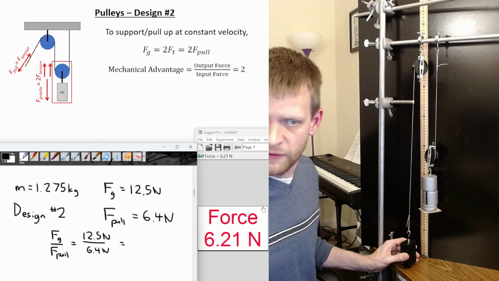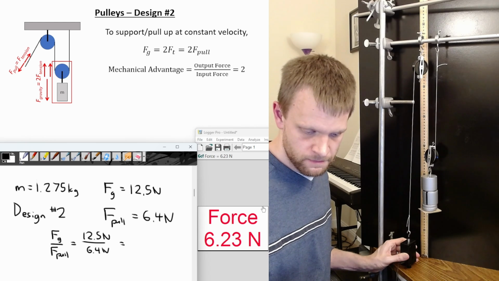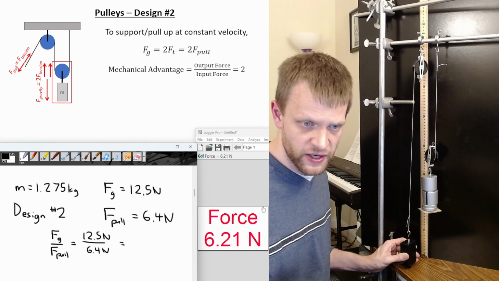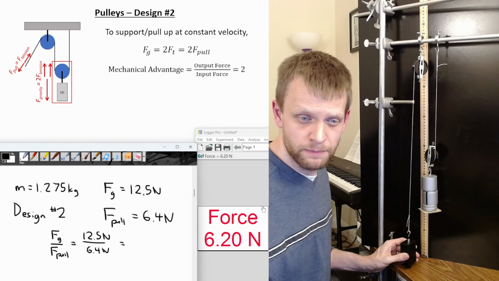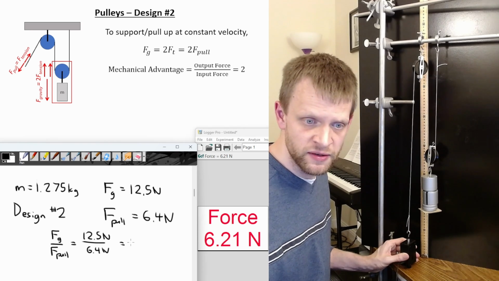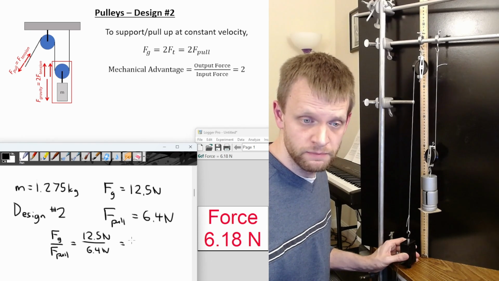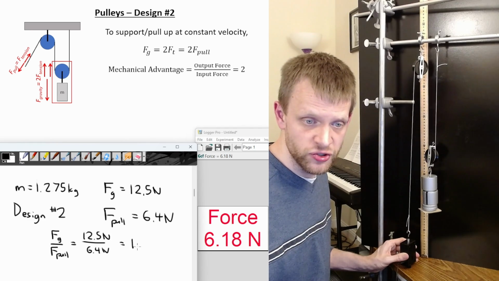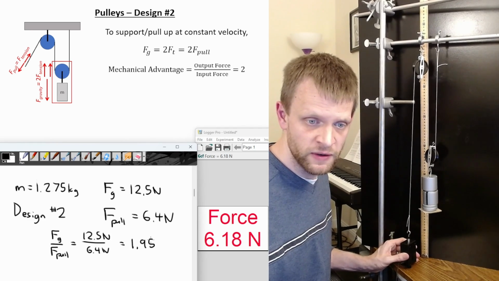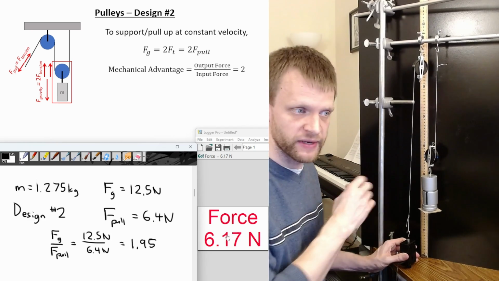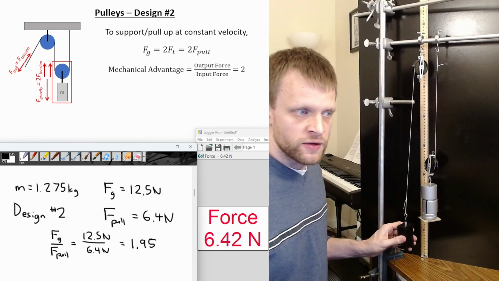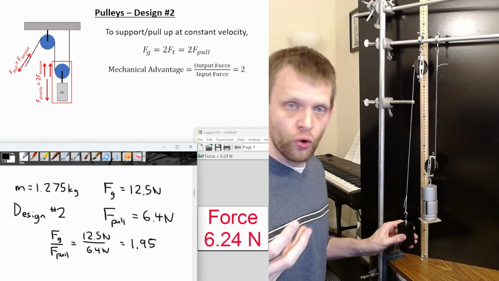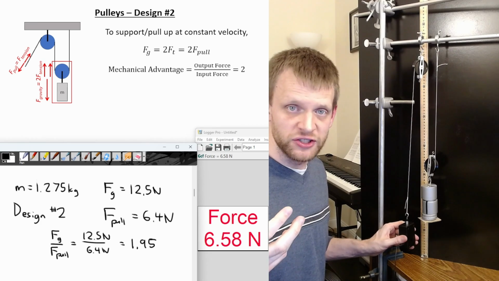If we combine those, 12.5 divided by 6.4, I get 1.95, pretty close to our predicted output mechanical advantage of 2. So I got 1.95 for the actual mechanical advantage of this particular system. So we're getting more output force than we're actually putting into this thing.